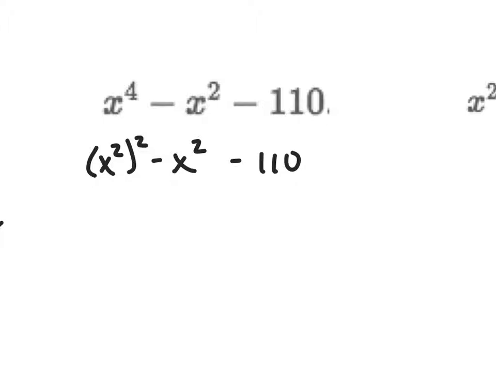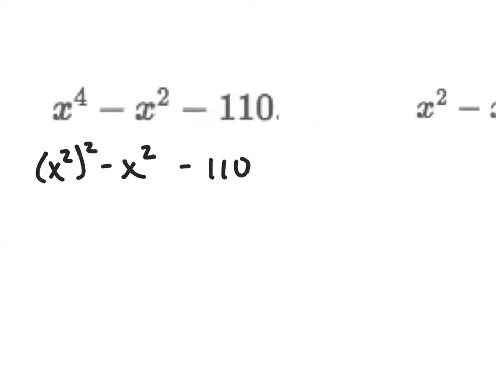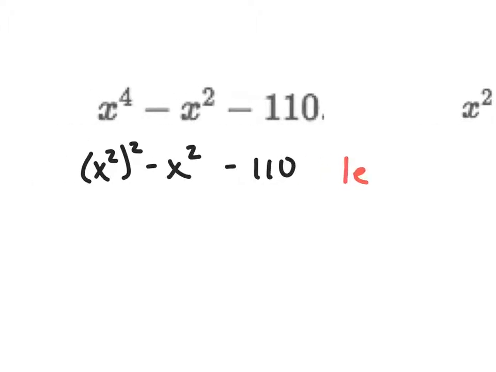What I want to do here is something called a U substitution. All right, so watch what I do here. This is just a little bit confusing. Okay, it kind of looks like a quadratic or a trinomial. It is a trinomial, but we've got a degree 4 here. All right, so it's a little bit trickier. And what I want to do is I want to let u equal x squared.